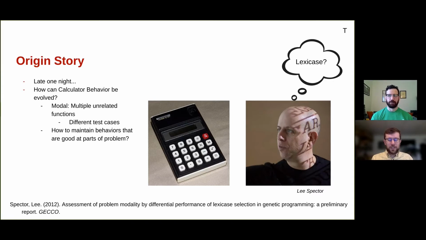Now, this gets even more finely grained than that. One specific example that Lee was considering is division. Sometimes with division, you need your program to just divide the two numbers and return the answer. But you probably want to do something completely different if the program is trying to divide by 0.